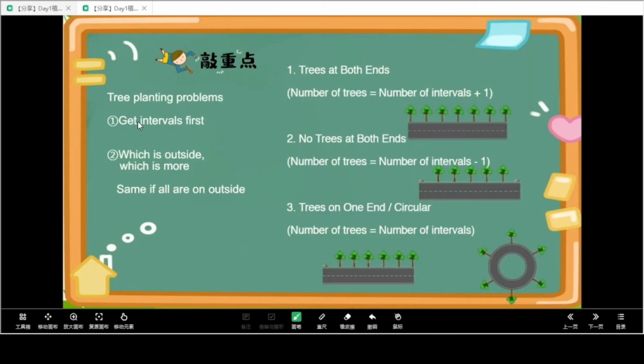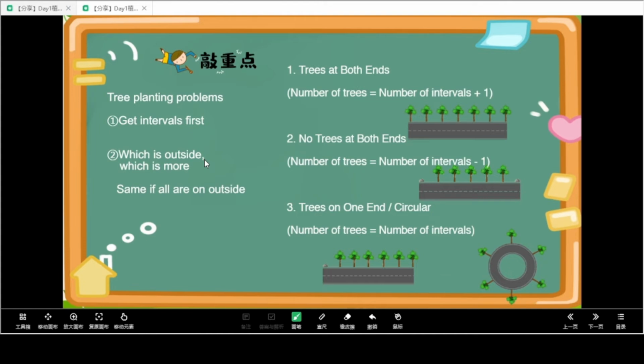Finding the number of intervals is another key point in tree planting: count the intervals first. So how can we get the number of intervals? Remember that we have talked about it before. We can use the division method to get our number of intervals first. The second step is we need to determine which one is outside, which one is more.